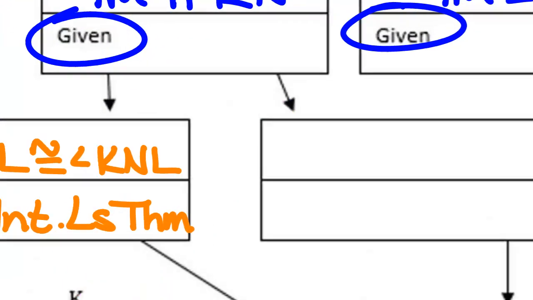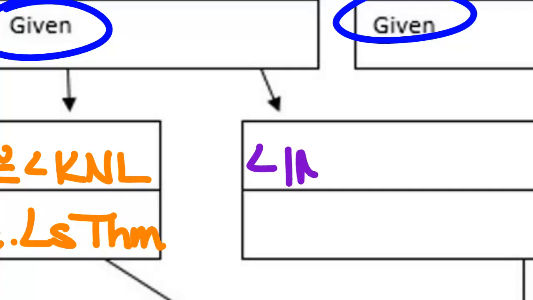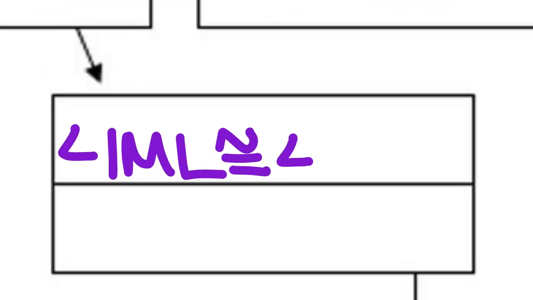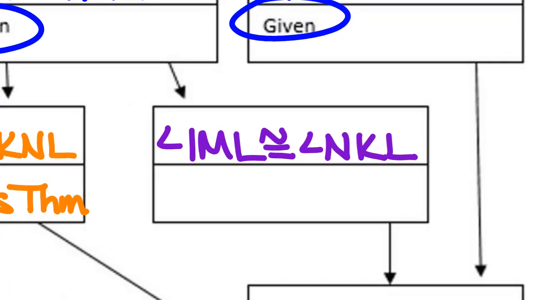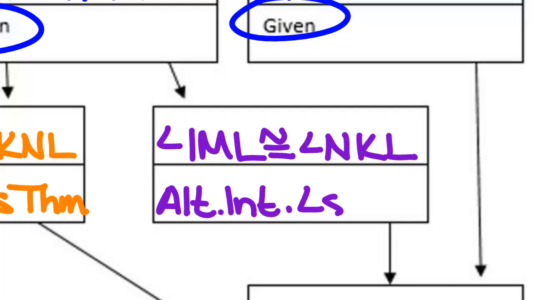Angle IML is congruent to angle NKL. Why would those two angles be congruent? Alternate interior angles theorem again. Anytime we draw the Z to find our angles, it is the alternate interior angles theorem.